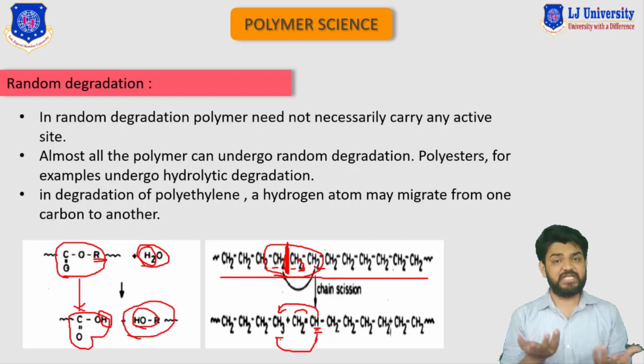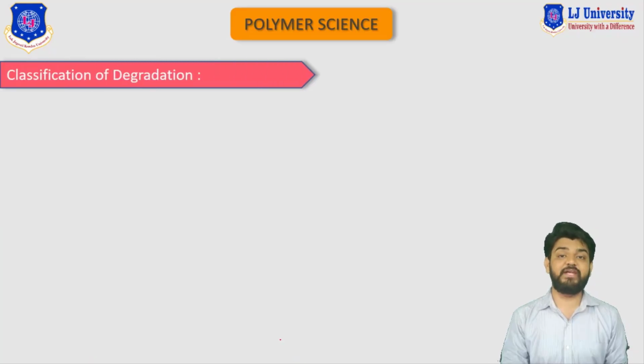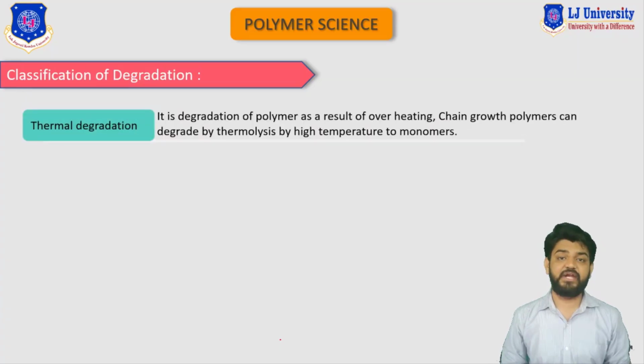After discussing random and chain polymer degradation, we will focus on the types of degradation process. On the screen you can see that degradation has many types, or we can classify degradation in a number of ways. The first classification is thermal degradation.